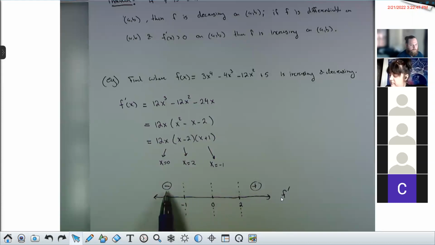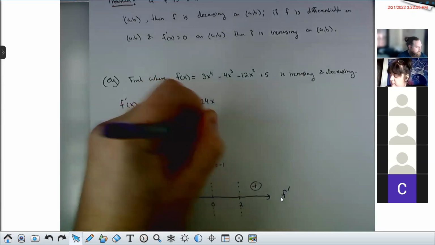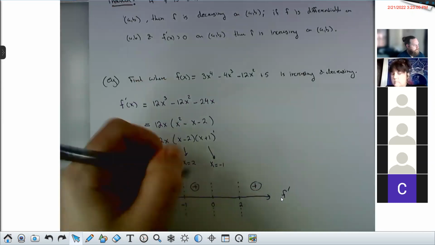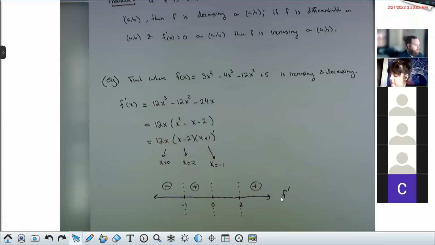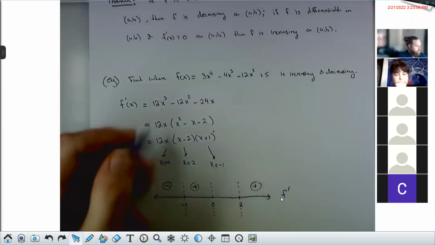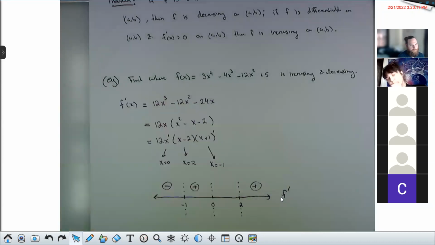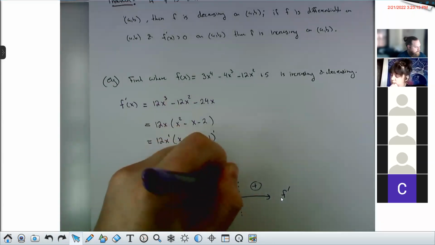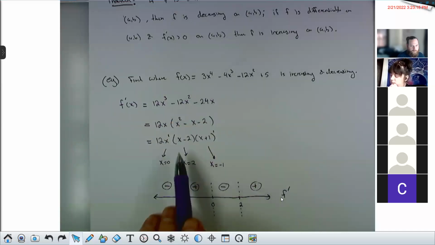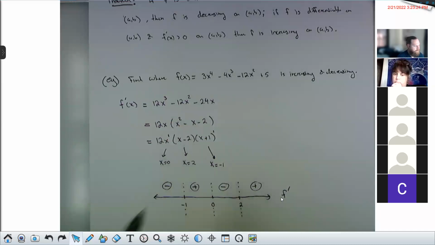So as I hop over the root at -1, this polynomial will change sign because -1 comes from this multiplicity 1 factor. So I will go from being negative to positive there. And as you hop over the root at 0, coming from this factor, you will change sign because this is a multiplicity 1 factor. And you can verify that what we got from our end behavior matches up with the multiplicity rule, because again, odd multiplicity, you will change sign as you hop over that.